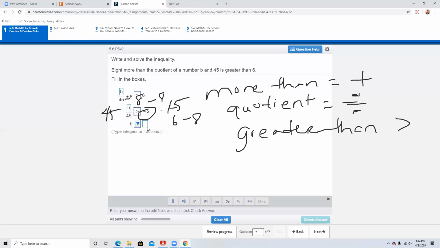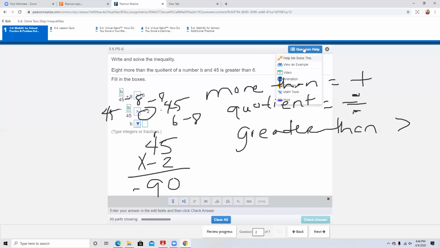So now, let me make that a 45. Now 45 times -2 will give you, this is 10, bring down your 9, okay, you multiply by a negative, this is -90, okay? You don't have to have a calculator. If you need a calculator, you can go up here to question help. Let's see if it had a calculator.